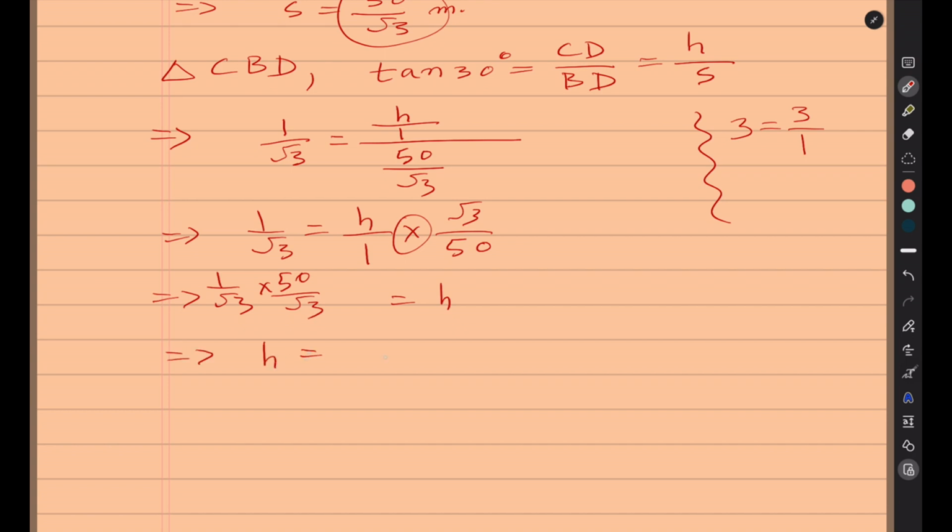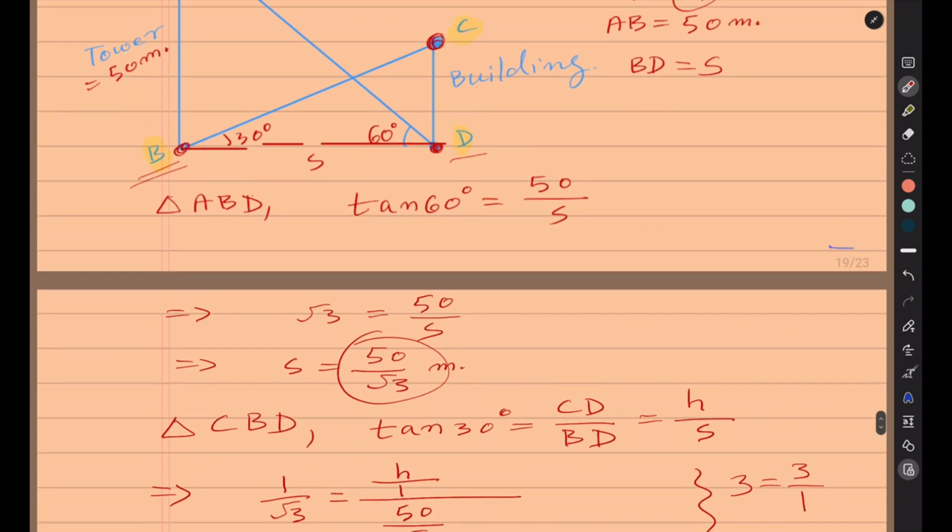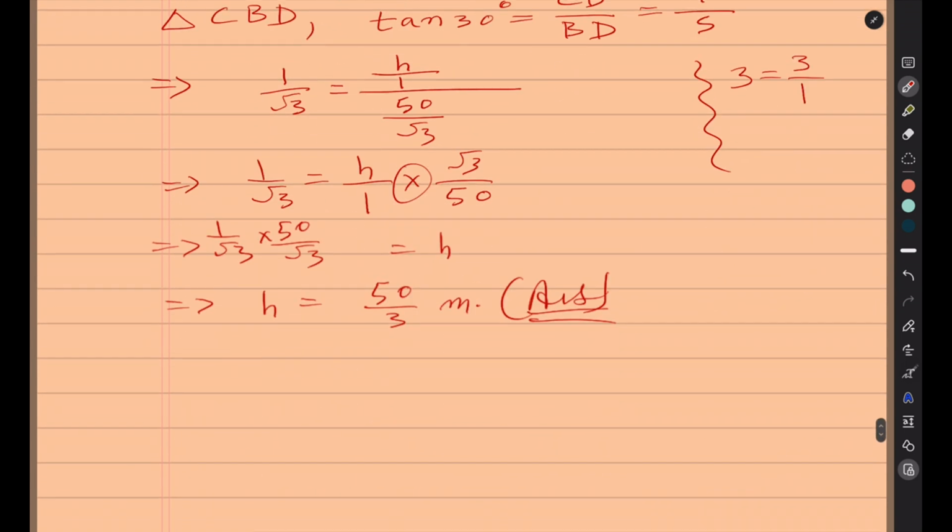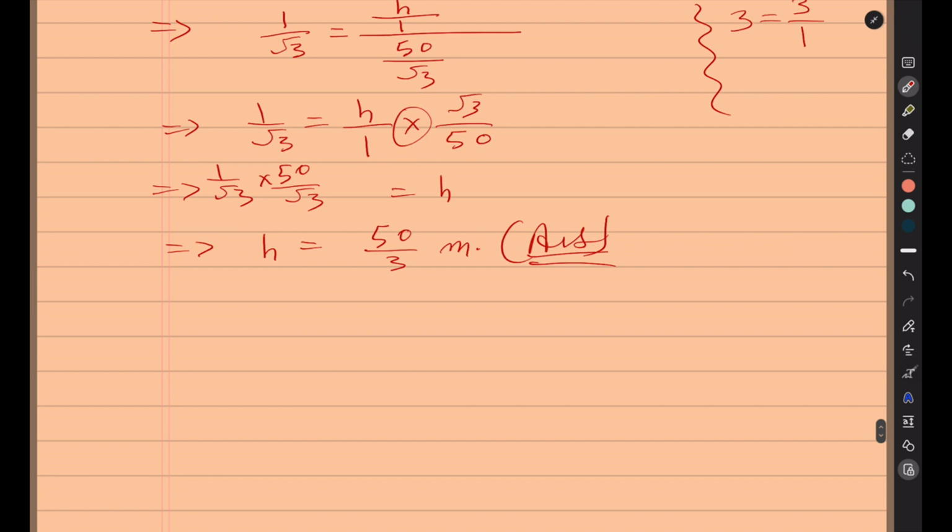That gives us the value of H equal to 50 divided by 3 meters, and that is our answer. So the height of the building is 50 divided by 3. For example, you can write 16.6 meters. Yeah, that will be the correct number in decimal.